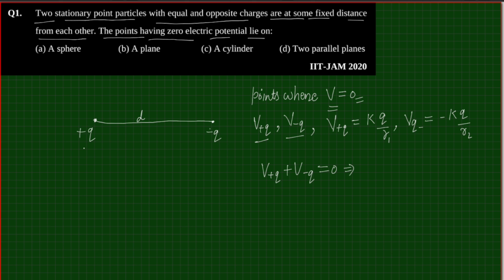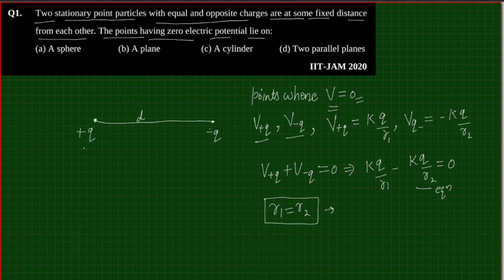So I can also say that k q over r1 minus k q over r2 is zero, and from this equation I can say r1 equals r2.